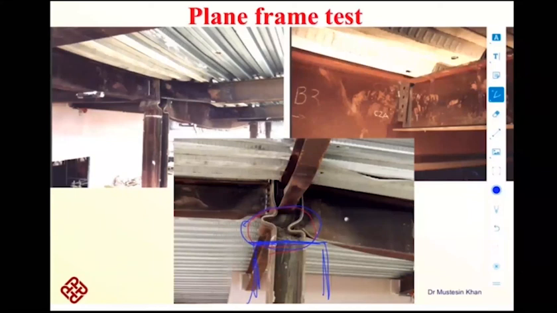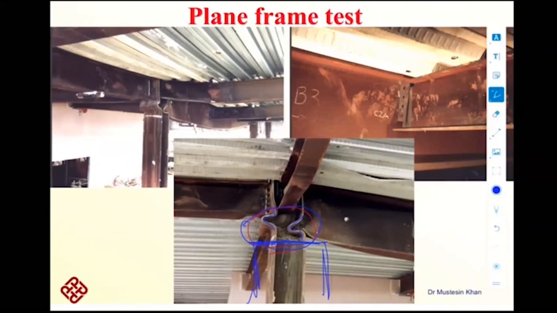As it was directly exposed to the fire, it experienced high temperature, and that is why they saw this local crushing of the column. After this test, they understood that they needed to apply fire protection to the whole length of the column to avoid this kind of sudden behavior or sudden crushing in the column.